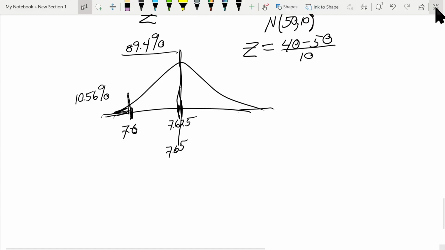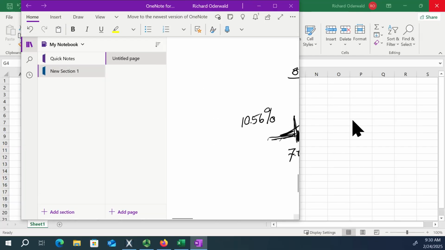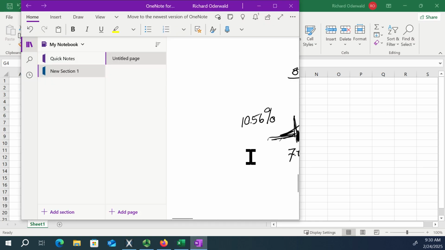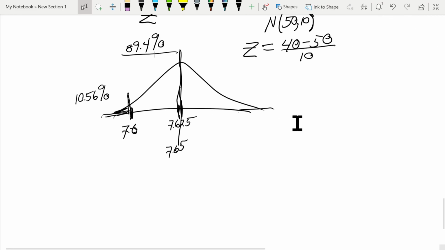The next one is, what is the length of the shortest 85%? This one, we have this same distribution, but now we're going to give it 85% from the left, and it's going to give us a number.